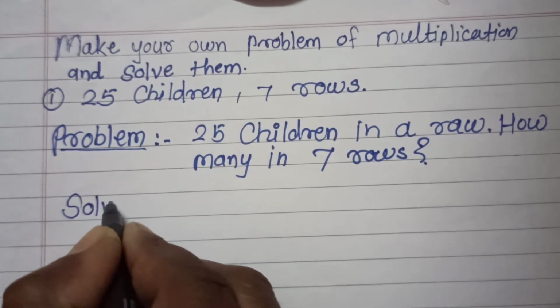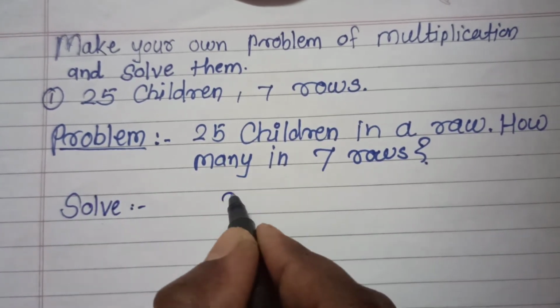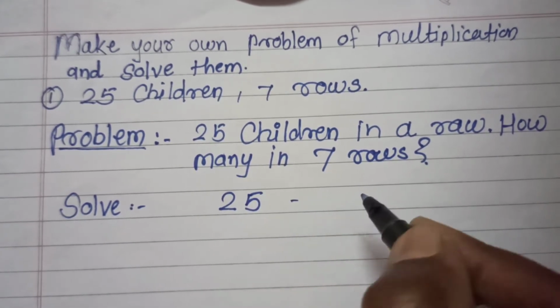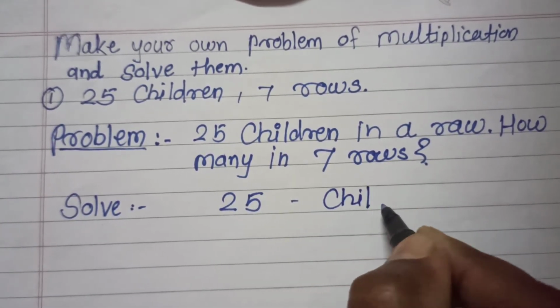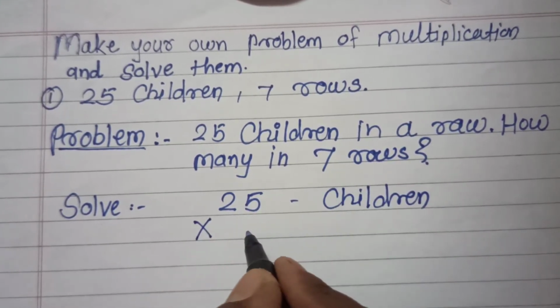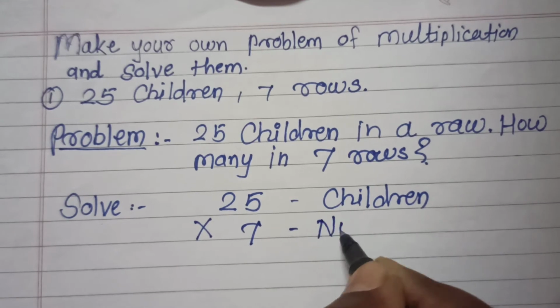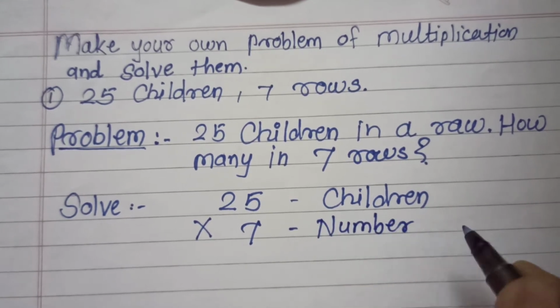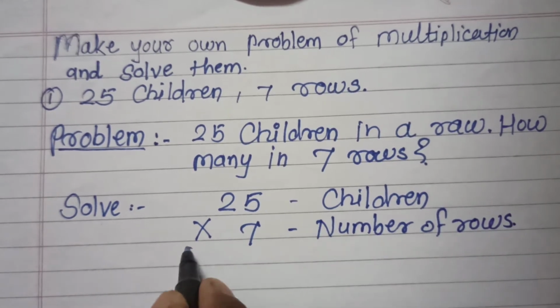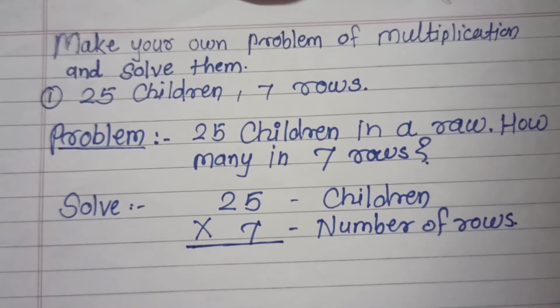See this. Solve here. Here 25 is the multiplicand, the children. And multiplier 7 is the number of rows. Find the product. First step: 7 5s or 5 7s.